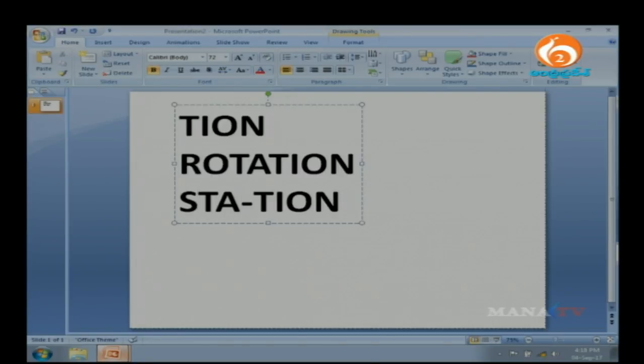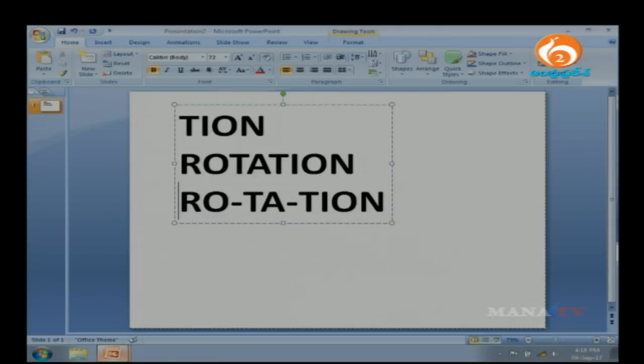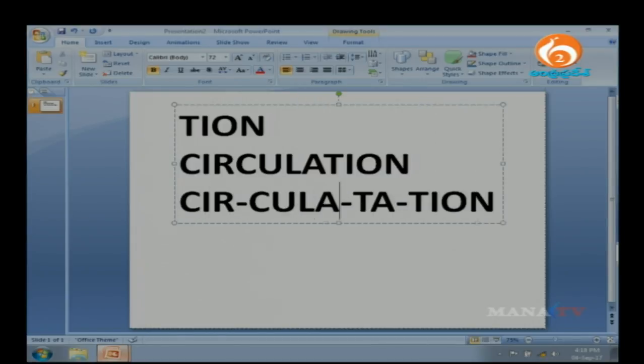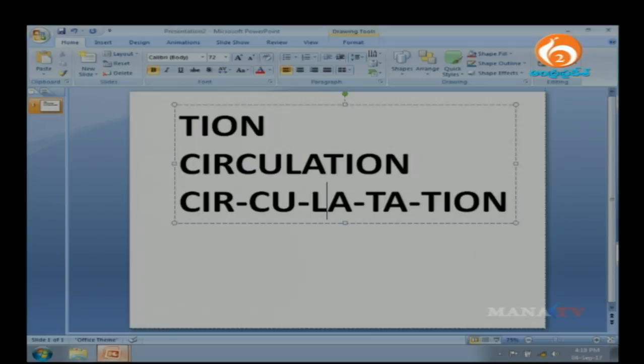It doesn't matter how many syllables I add on the left side, my stress will always be on the second last. Rotation. Let me add more syllables. Circulation. How many syllables? Circulation. Still my stress will be on the second last syllable.